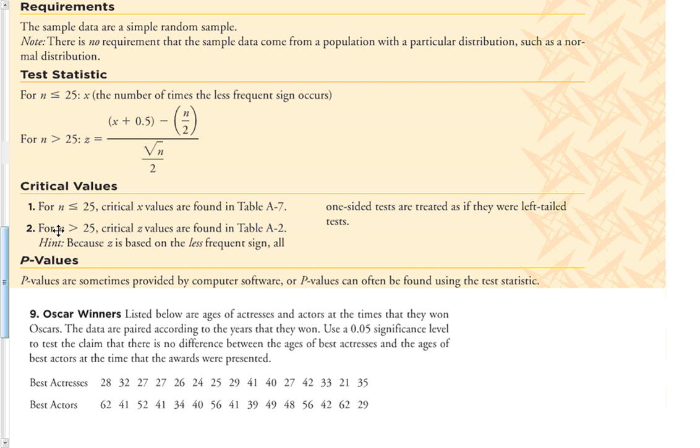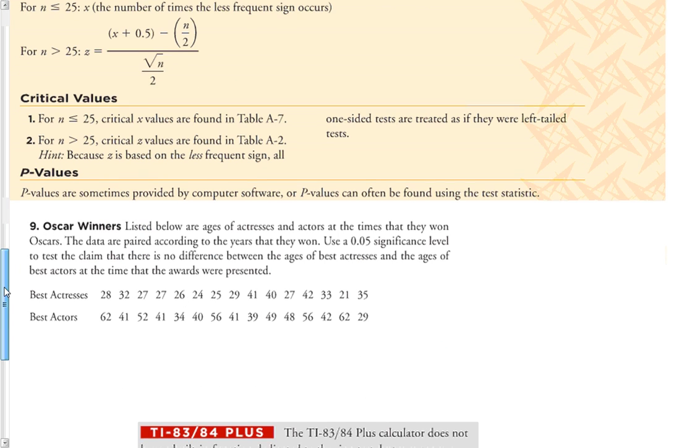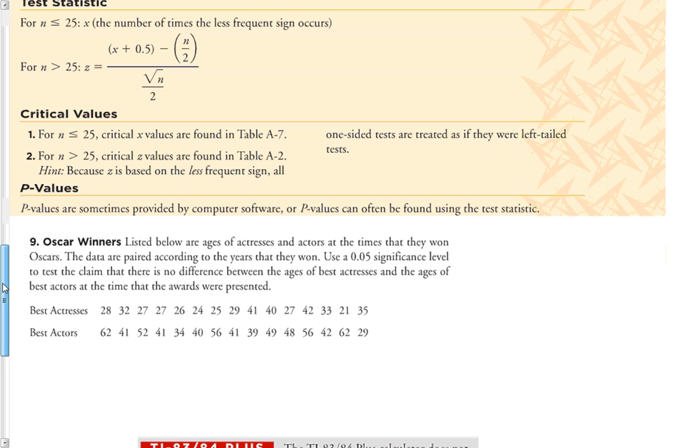Now, for a small sample, n less than 25, we're going to let the test statistic be that value x that we found. But for a large sample, greater than 25, we're going to calculate a z-score using x, and we're going to actually use the z-distribution instead. Now, the critical values are found in Table A-7, or if the sample size is greater than 25, we would use the z, so they would be found in Table A-2.